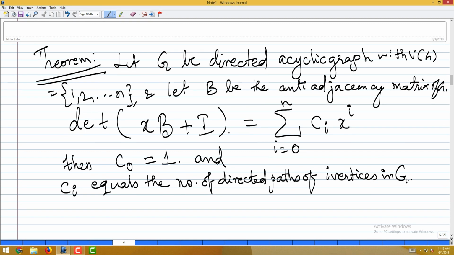So, in that sense you can see that C naught is nothing but the determinant of this matrix B. So, we have already seen that if there is a Hamiltonian path, the determinant will be 1, otherwise 0. So, C naught equal to 1 implies that there exists a Hamiltonian path, and there is only one Hamiltonian path in the graph. There cannot be two paths, right.